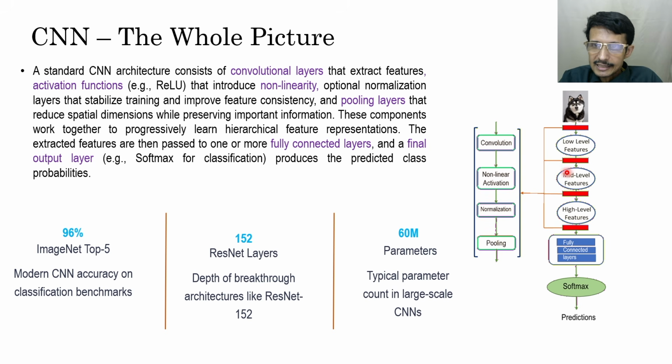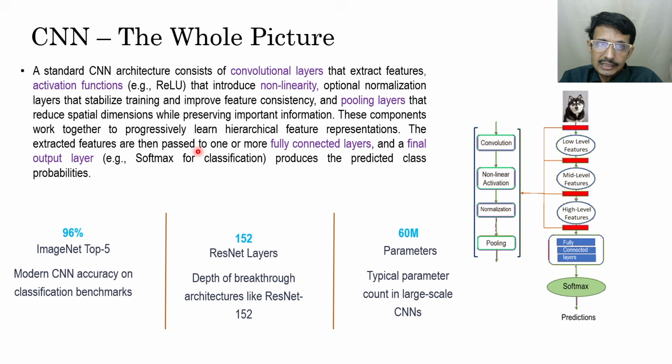And the whole picture, if you ask what a CNN looks like: a standard chain architecture consists of convolution layers, which we can see here, that extract features; activation functions that introduce nonlinearity; optional normalization layers that stabilize the inputs for feature consistency; and pooling layers that reduce spatial dimension. These components progressively learn hierarchical feature representation, which is very important.